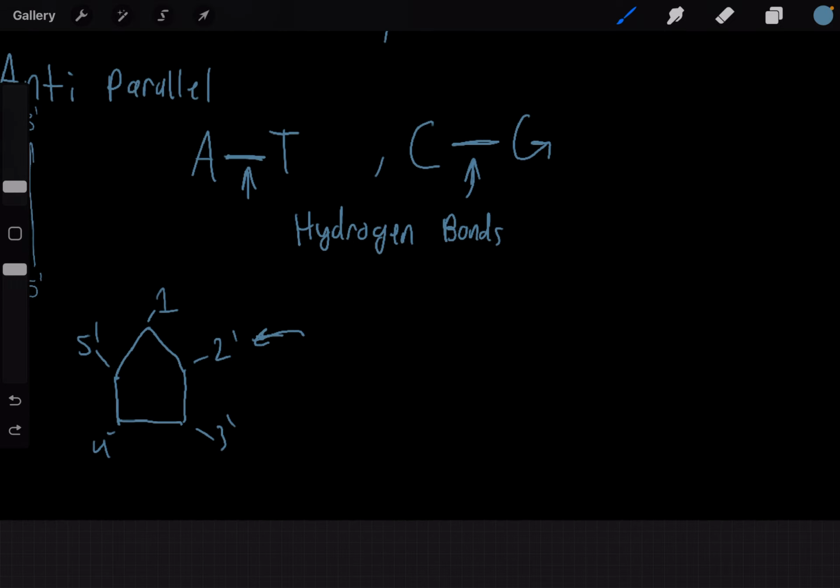So the second prime will have a carbon, and instead of it having an OH, it's deoxy, so it will just have an H. So deoxy means it's removing this oxygen right here.